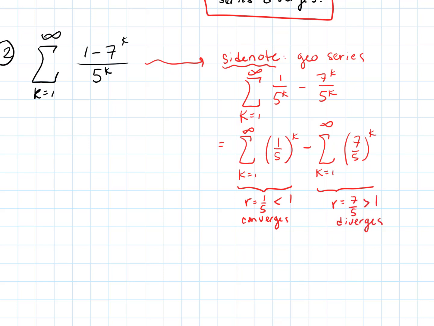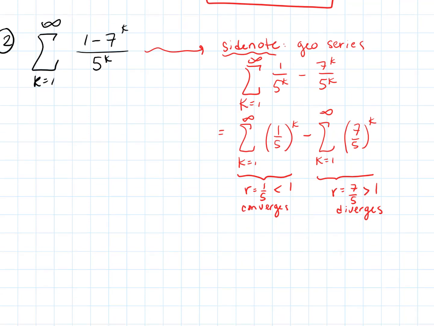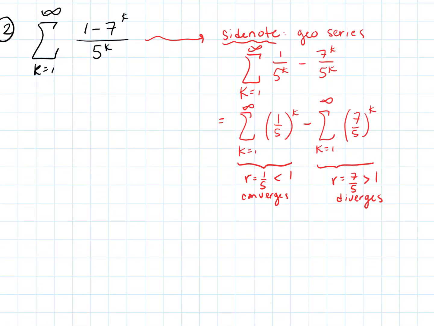So this guy diverges, which means this entire series must go to infinity, but we're subtracting it. So we have some finite number, and then we're subtracting infinity, which of course is going to be negative infinity, which means that this diverges by geometric series.